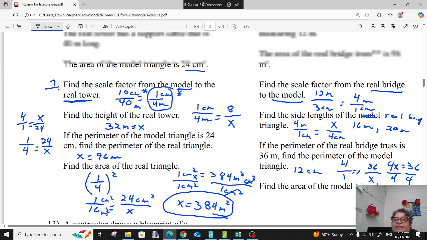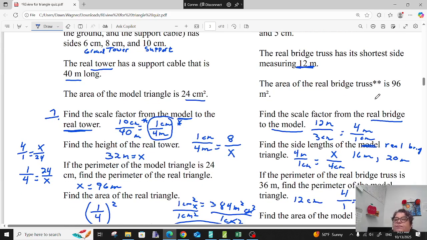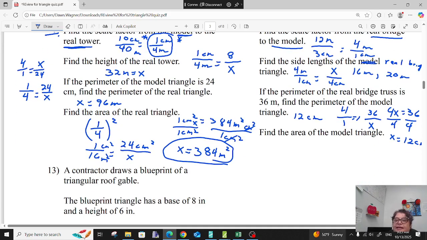Well, do we have the area of the smaller triangle? Oh, no. The area of the bridge truss is 96. So you do 4 over 1 squared, which is 16 over 1 has to equal 96 over x.